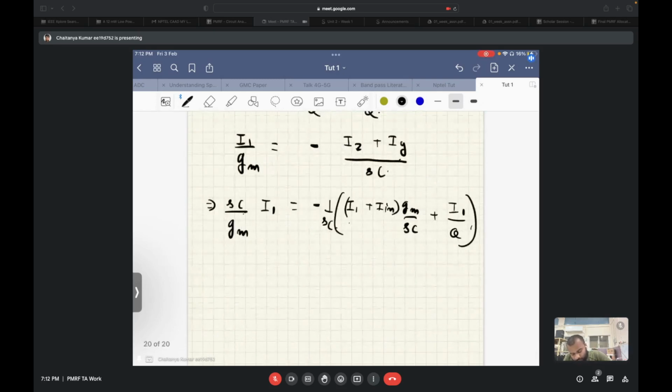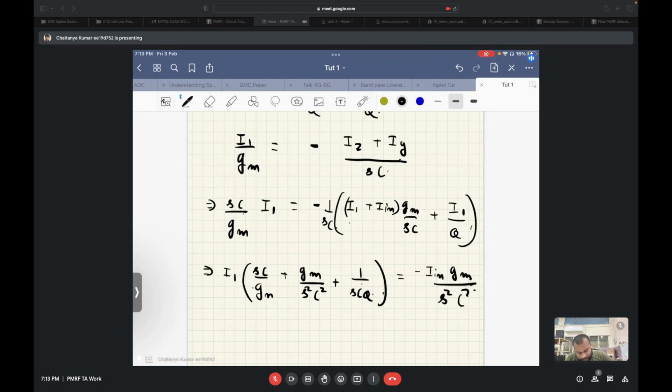If we solve this equation, what we have is I1 into SC by GM plus GM by S squared C squared plus 1 by SC times Q is equal to minus of I in times GM by S squared C squared.